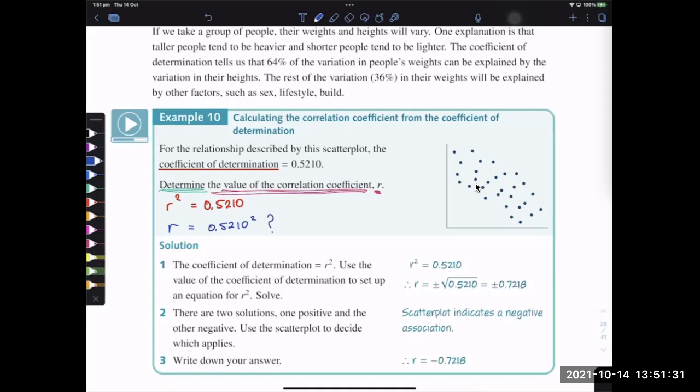What's the opposite of a square? Square root. Correct. So the opposite of a square is a square root. You can see in the next line that the square has disappeared because we've moved it to the other side and it becomes a square root.